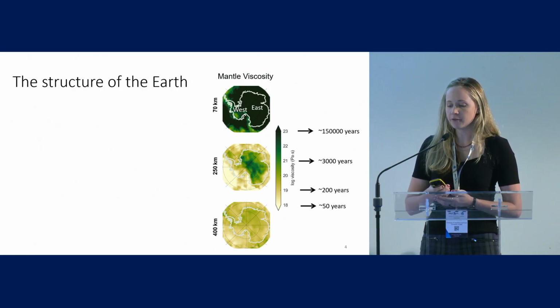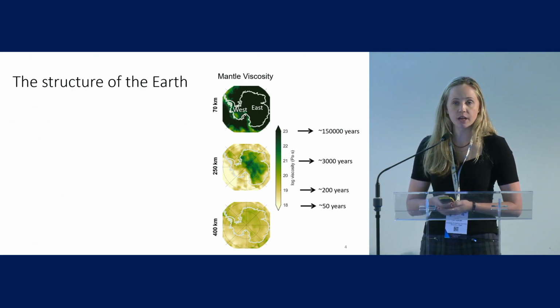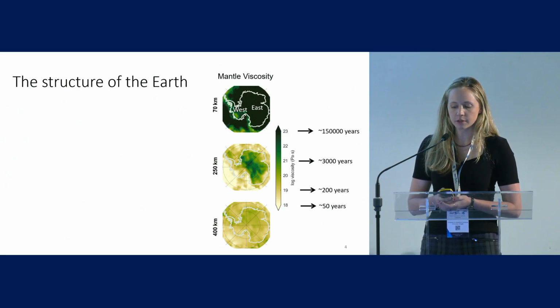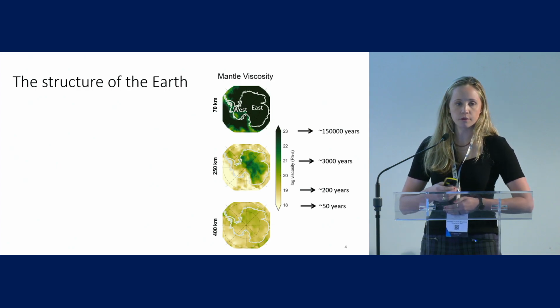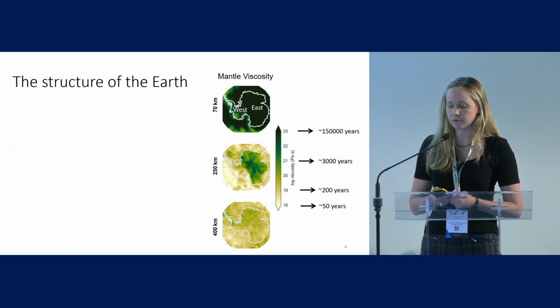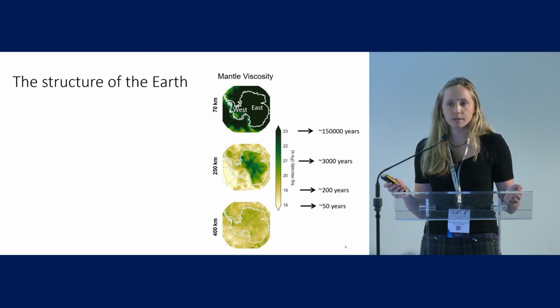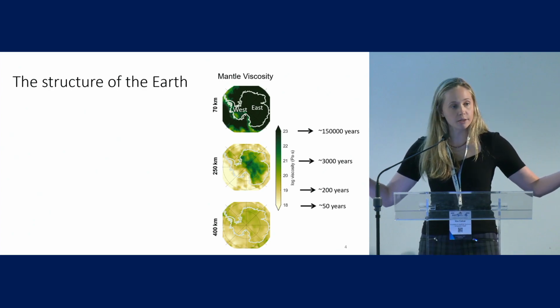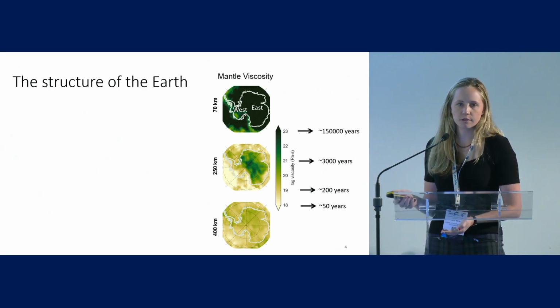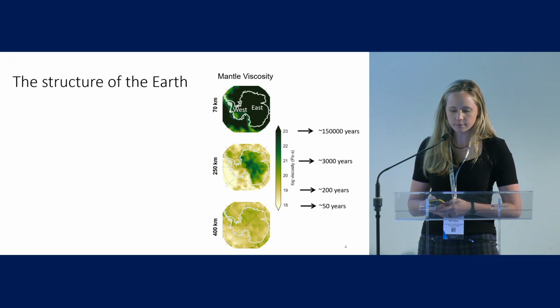And a very high viscosity has a response time of 150,000 years. But we can also see, for example, in West Antarctica, low viscosities that correspond to a response time of 50 years. This is dependent on the size of your changing ice sheet, but this is just a rough estimation.